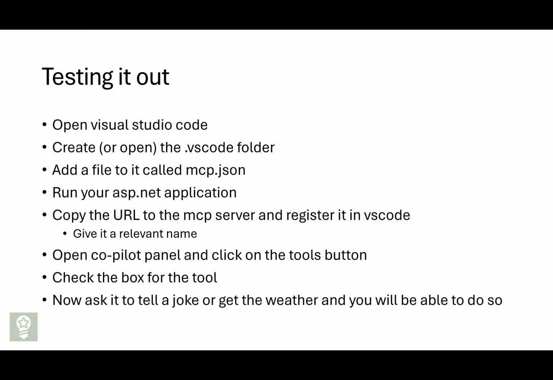Once that's done, we're going to be able to open up our Copilot panel inside of Visual Studio Code, and we're actually going to be able to select that tool as a tool that we want to use.